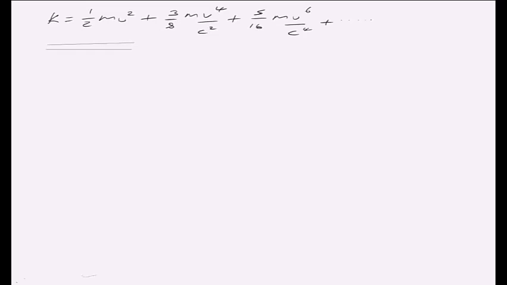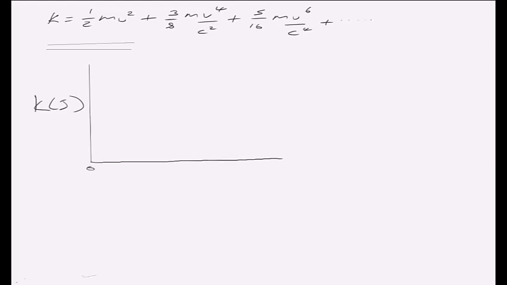So let's just understand what this means a little bit. Let's draw a graph of the kinetic energy, which might be in joules, and we're going to plot that as a function of the velocity with respect to the speed of light.